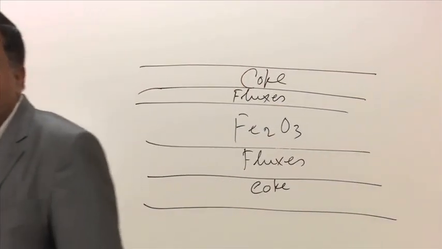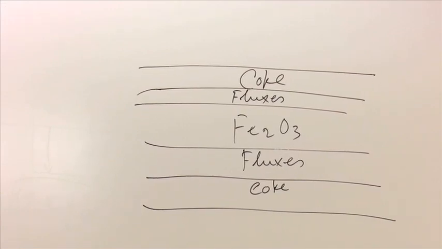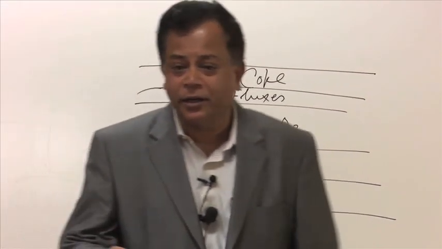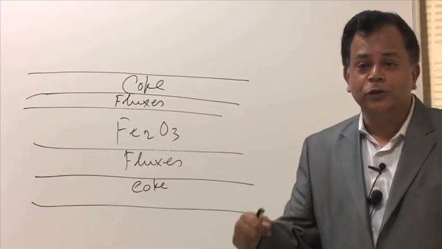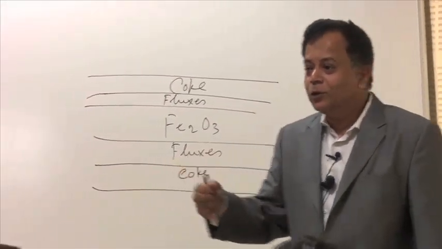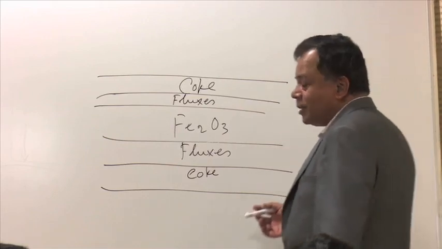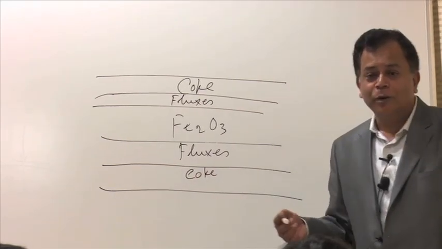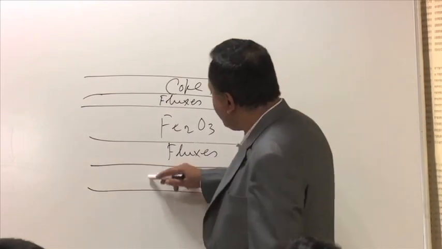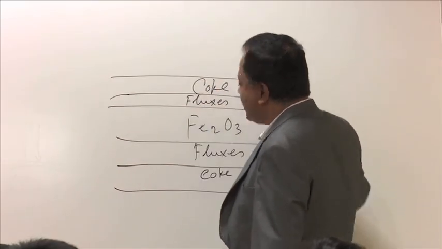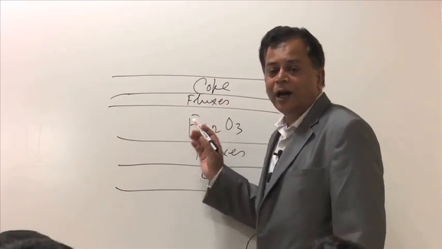Why? Because when you are heating, the reactions convert oxygen into CO2 and CO. So, this reaction goes on, one is endothermic, one is exothermic, and you have to control that. So, you need the permeability of the gases, otherwise what will happen?